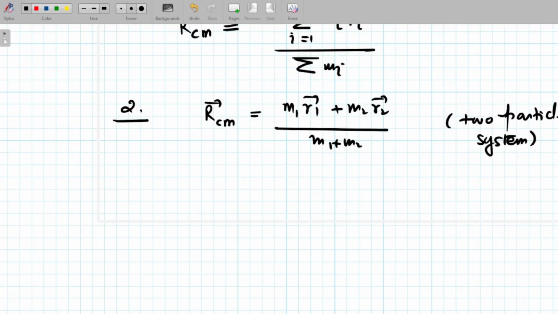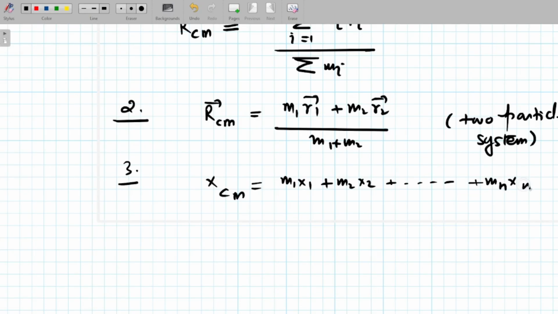And the third point was the corresponding x, y and z CM. XCM was M1 X1 plus M2 X2 and so on plus Mn Xn upon M1 plus M2 and so on plus Mn.